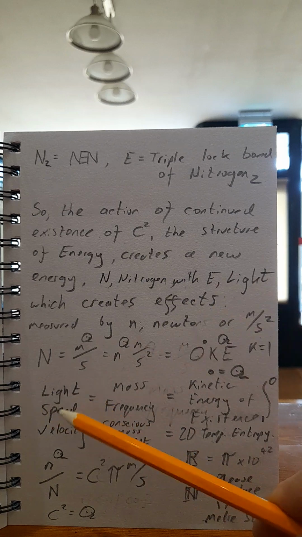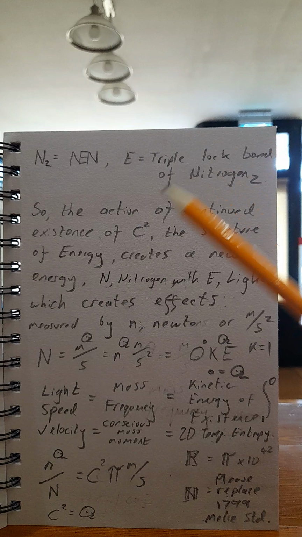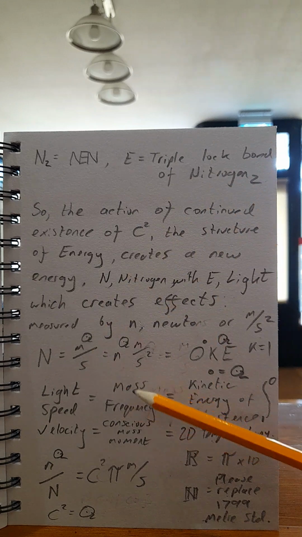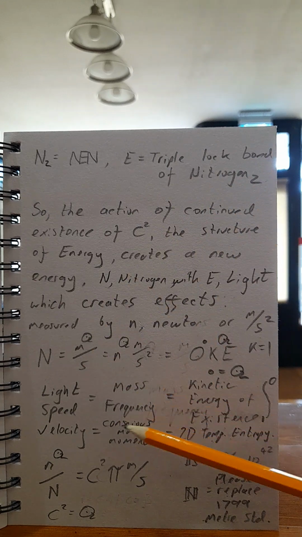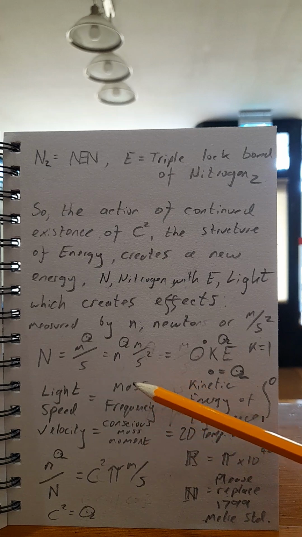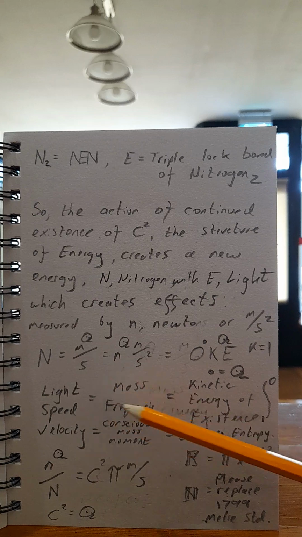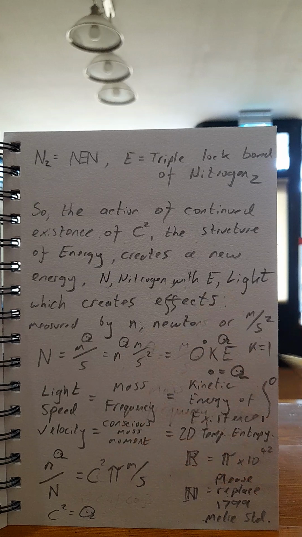So light speed velocity, meters per second, C, as you measure it, equals mass frequency and in the conscious mass moment itself. So that the vibration of matter, electrons and all that stuff, atoms, that's vibration. That's got a frequency, and that creates mass, who we are, the matter. And then the kinetic energy of existence.